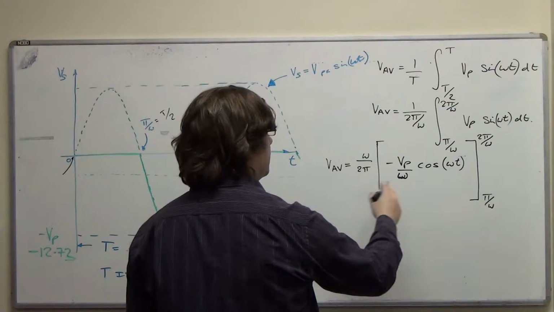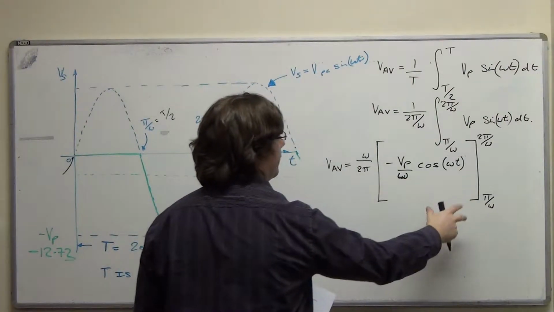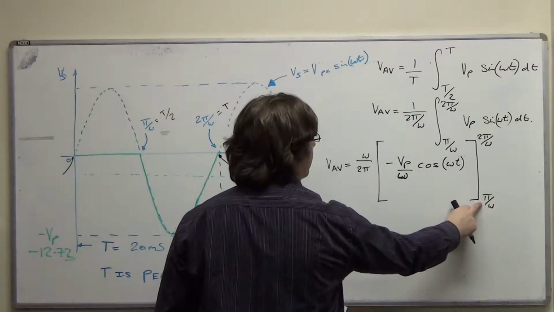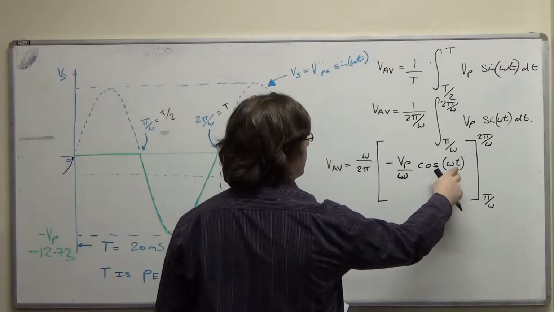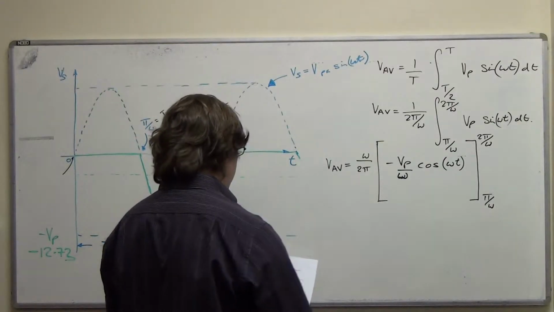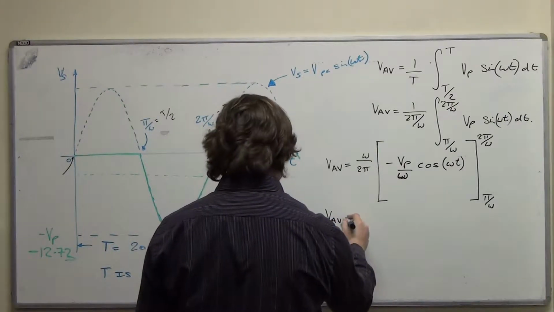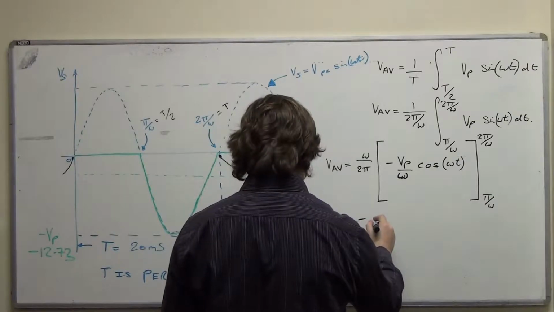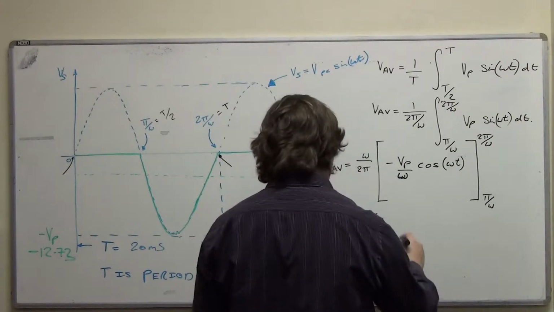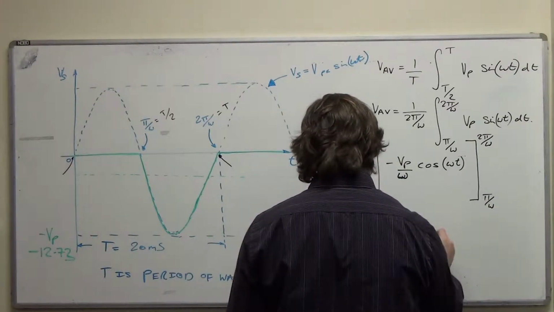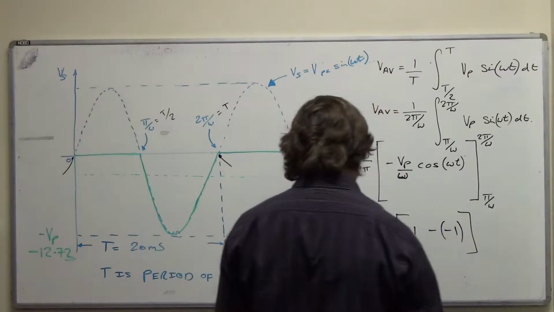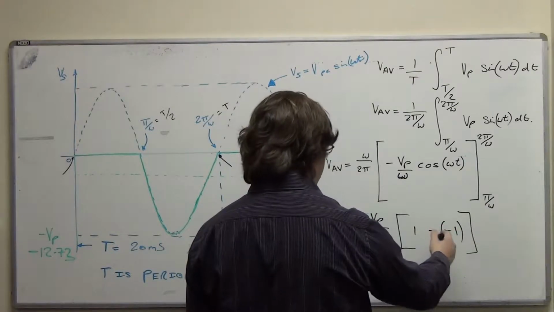Then we'll have to actually insert, so we'll expand this bracket and insert first T is equal to pi upon omega, and then subtract T is equal to 2 pi upon omega, so the same result but with T substituted in, and that will yield minus Vp upon 2 pi, 1 minus 1, and that is secretly 2 essentially.